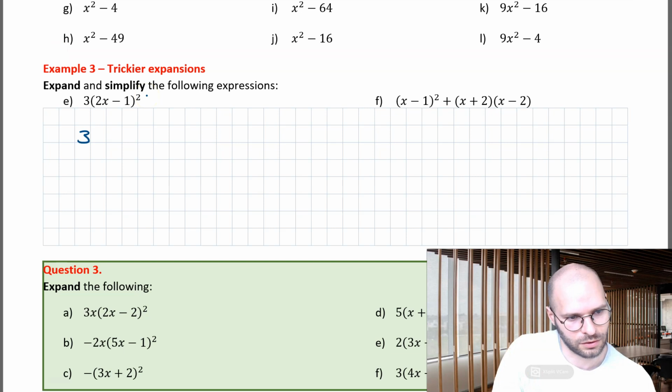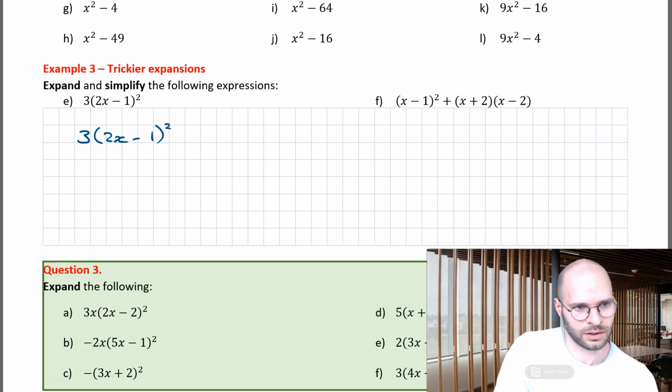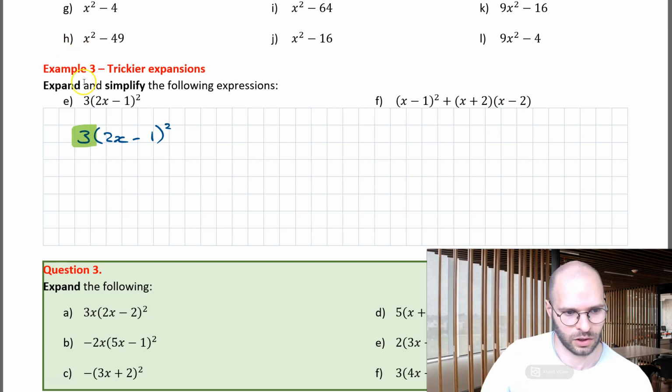We have 3 times 2x, take 1, all squared. First thing we're going to do is ignore the 3 over there, and just focus on expanding the brackets here, which is a perfect square. So doing this, I'll go 3, and I'll put in some square brackets to emphasize I'm ignoring it.